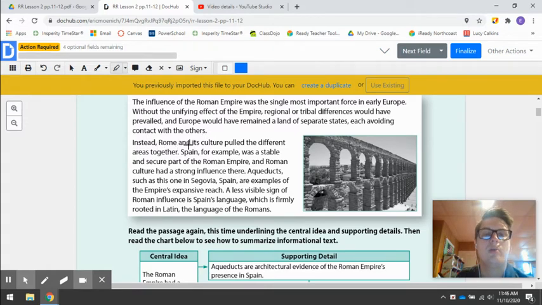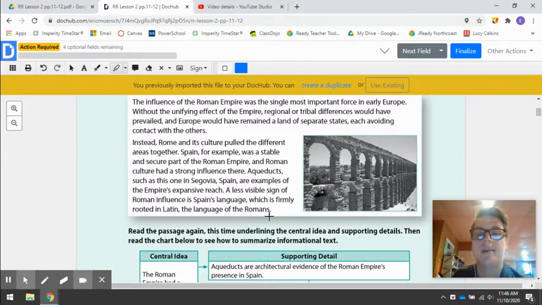Instead, Rome and its culture pulled the different areas together. Spain, for example, was a stable and secure part of the Roman Empire, and Roman culture had a strong influence there. Aqueducts, such as this one in Segovia, Spain, are examples of the empire's expansive reach. A less visible sign of Roman influence is Spain's language, which is firmly rooted in Latin, which is the language of the Romans.